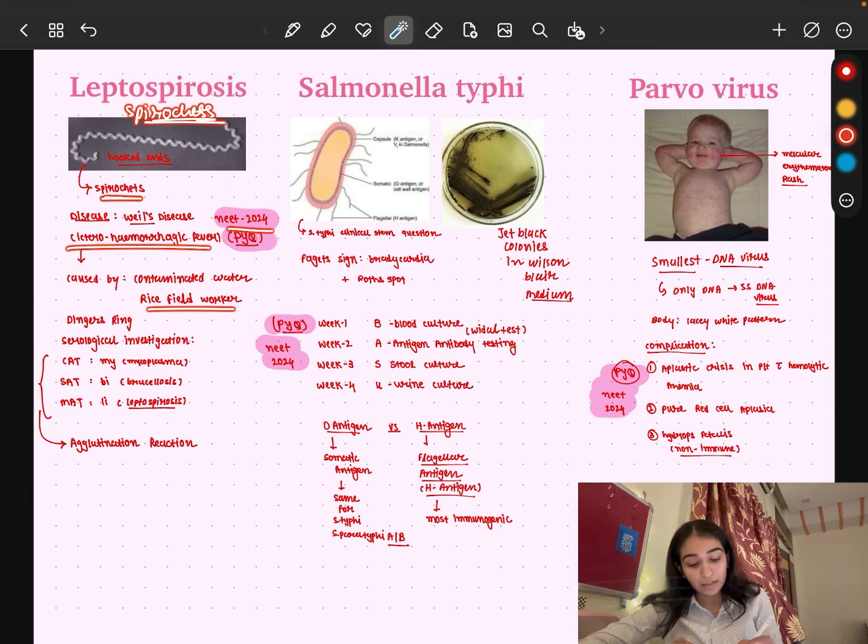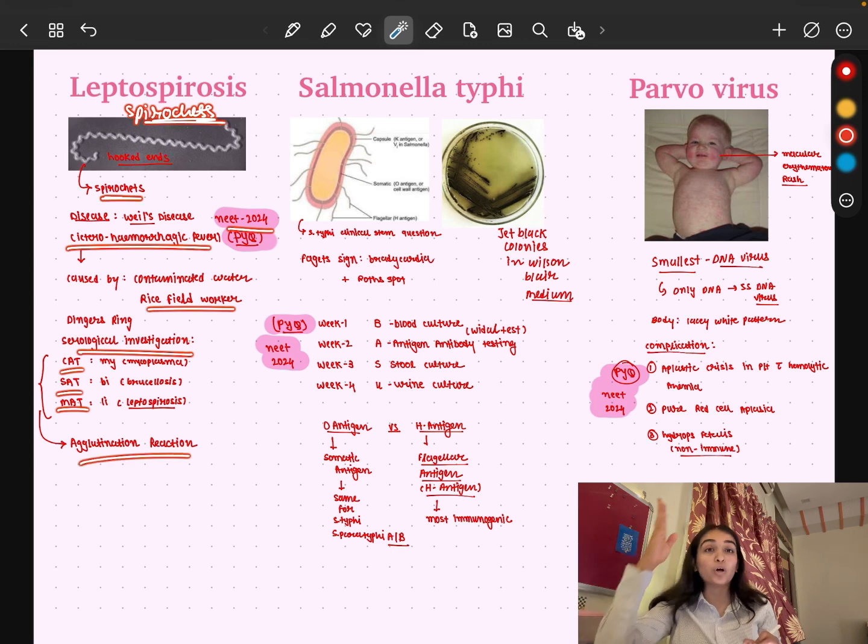And most important in leptospirosis is your agglutination reaction. We have mainly three types of agglutination reaction, which is CAT, SAT, MAT: cold agglutination test, then standard agglutination test, and then microscopic agglutination test. This is the mnemonic which one of my friends told me while I was preparing for my PG.